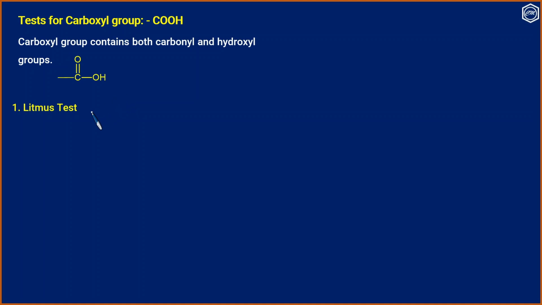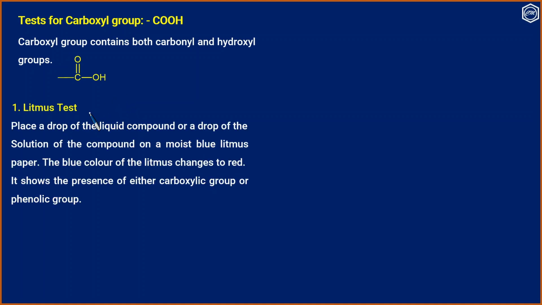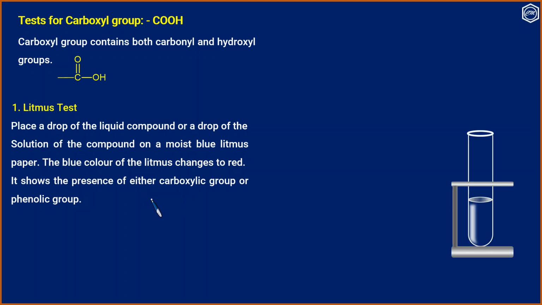First, let us see the litmus test. For that, place a drop of the organic compound or a drop of the solution of the compound on a moist blue litmus paper. The blue color of the litmus changes to red. It shows the presence of either carboxylic group or phenolic group.